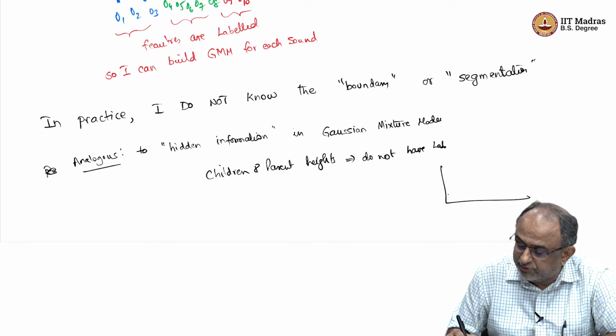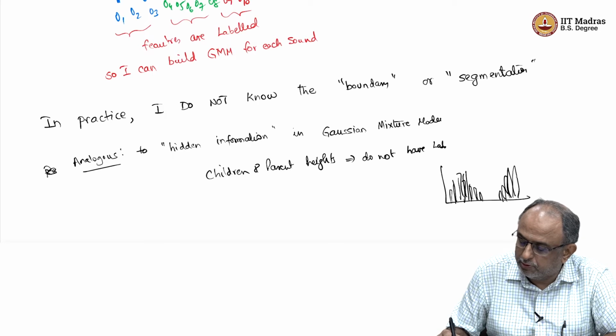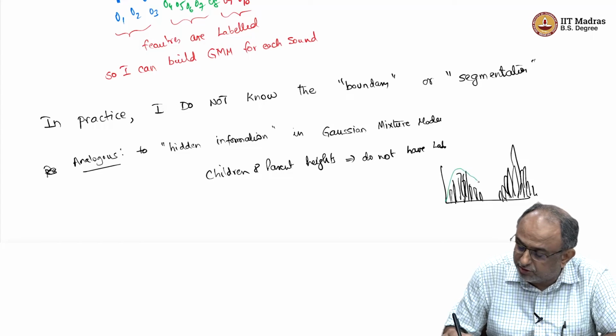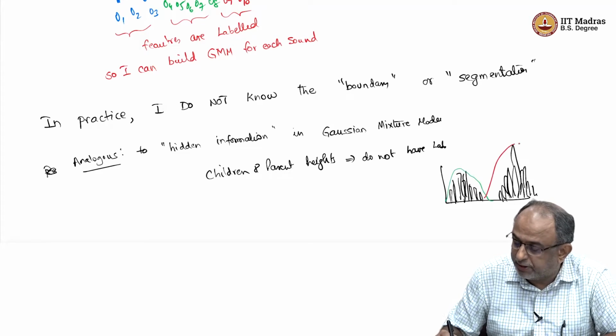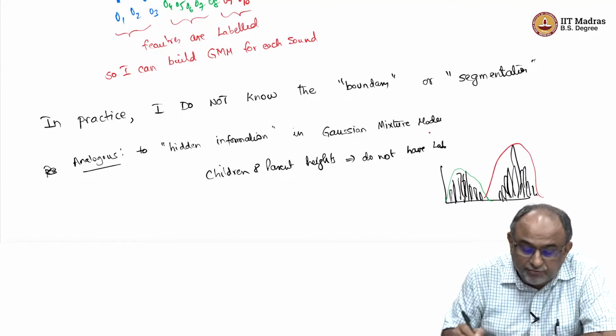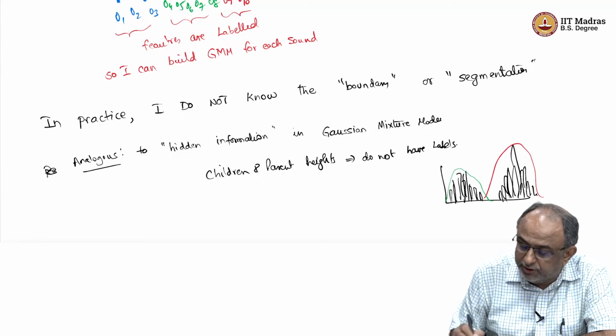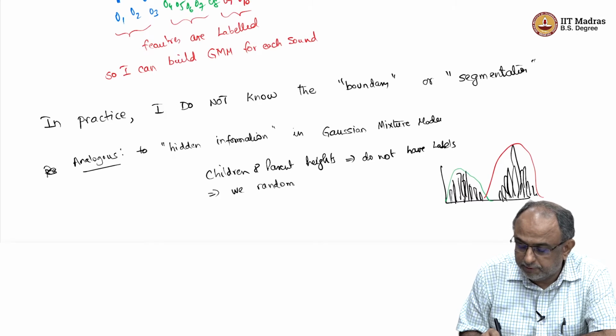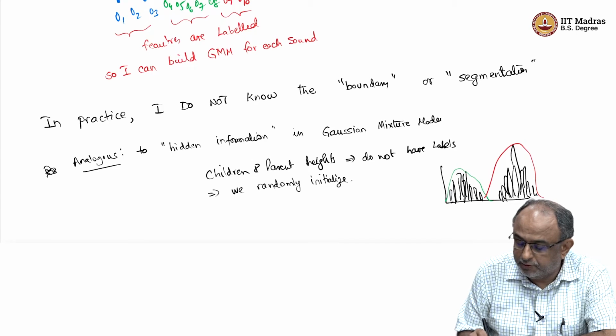Actually there were two kinds of distributions that happened, right? And we said that we can fit two Gaussians to it. That's what we did, the parent Gaussian and the children Gaussian, but we do not have the labels. So we randomly initialized the two Gaussians, right.